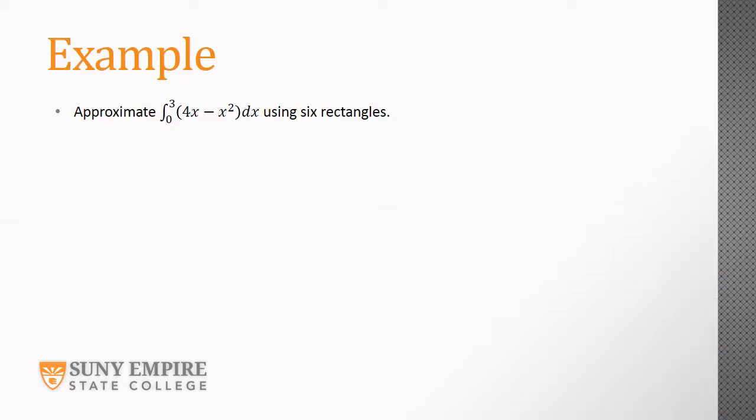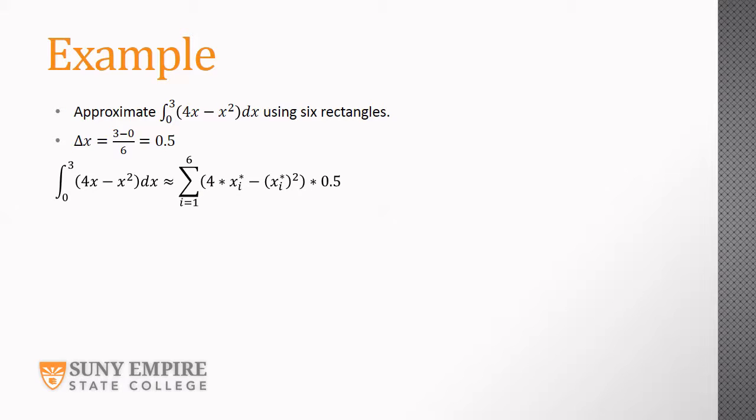Suppose we want to find the area under the curve for the function f of x equal to 4x minus x squared from x equals 0 through 3. We want to use a Riemann sum to approximate this area, and we'll split the region into 6 rectangles. This means that our delta x will equal the quantity 3 minus 0 divided by 6, which equals 0.5.